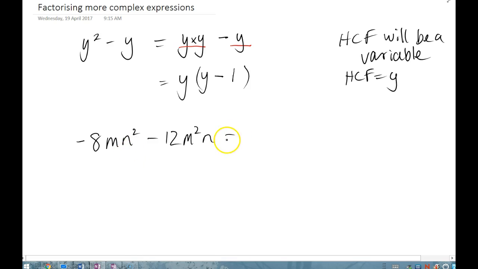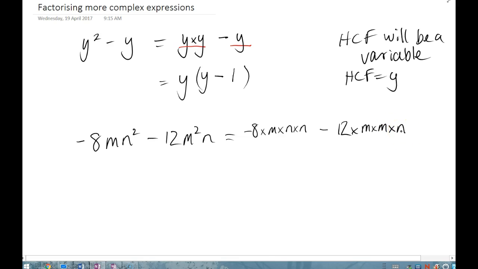So I'm just going to expand it out for you, to help you see what your highest common factor will be. So it's -8, and I'm multiplying by m, multiplying by n times n. And then I've got minus 12 times the m squared, m, there's 2 of them, and then times the n.